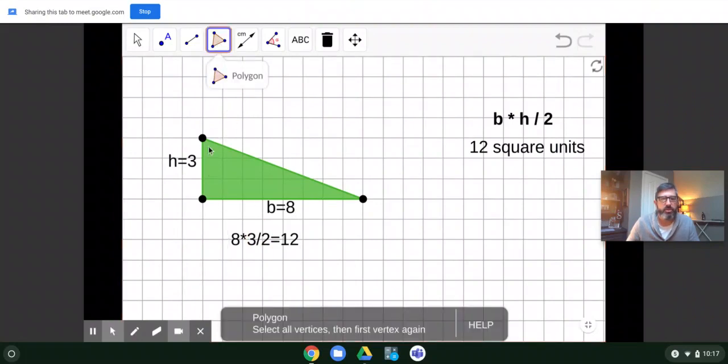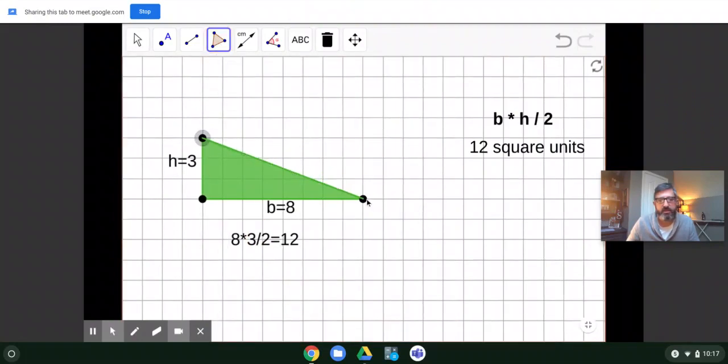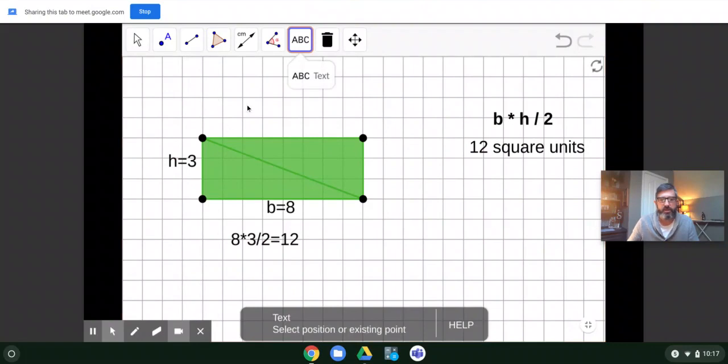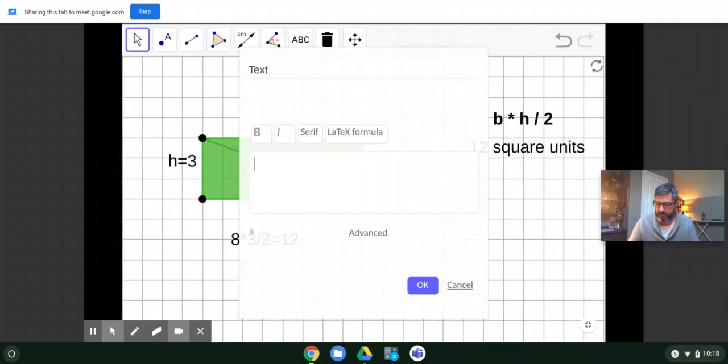So if we were to make a copy of the triangle, that would give us the parallelogram that you see there. And we know that the area of that parallelogram would be base times height, or 8 times 3. That's equal to 24.